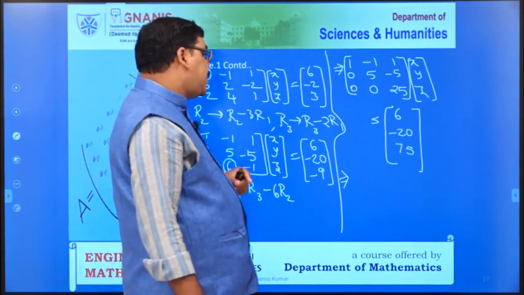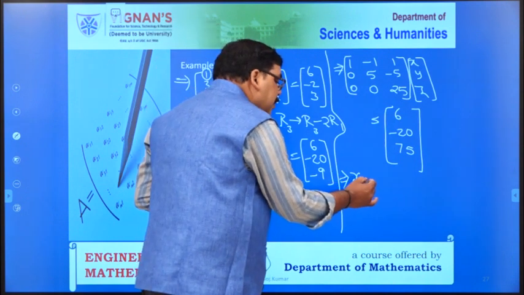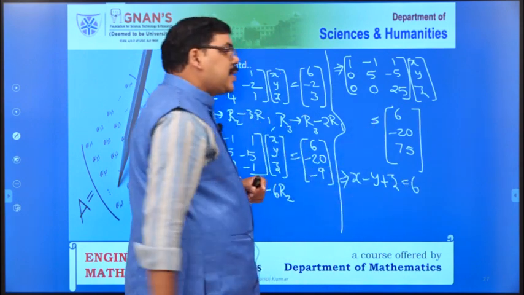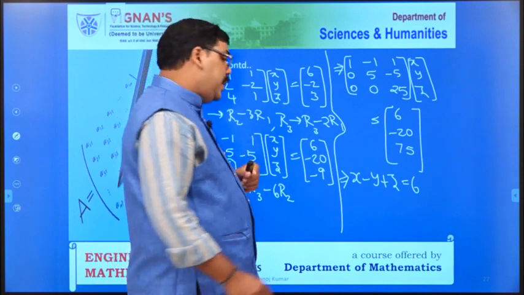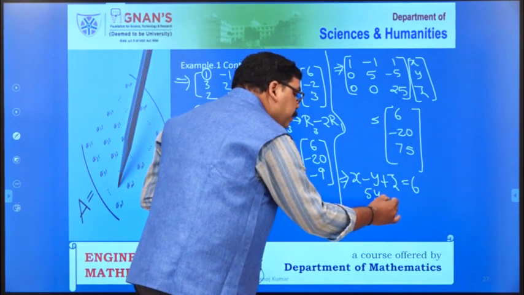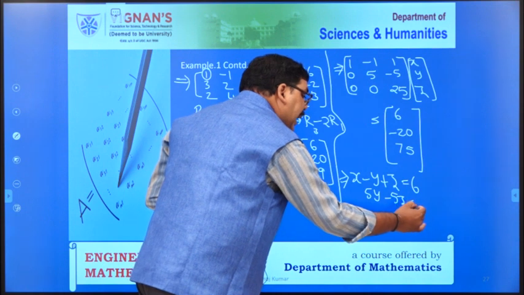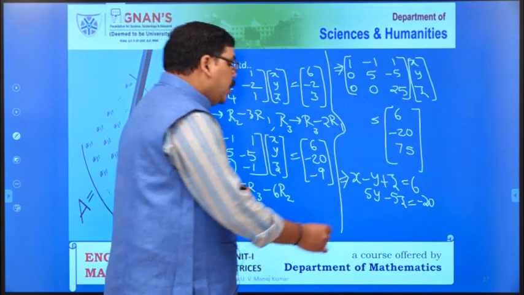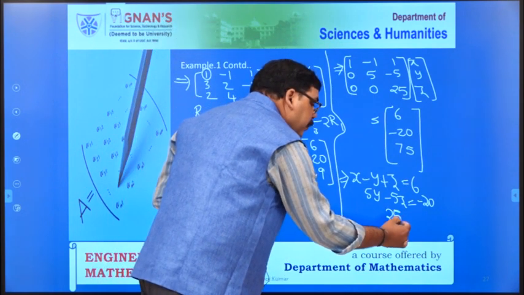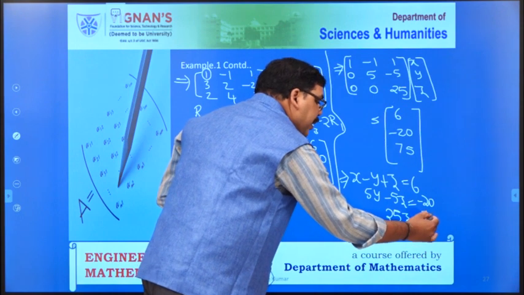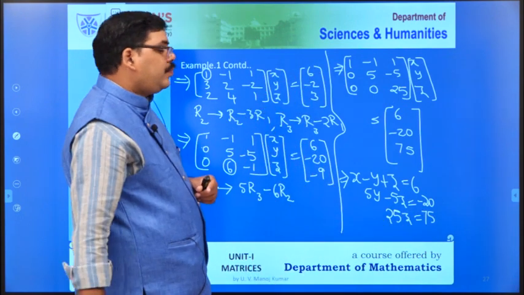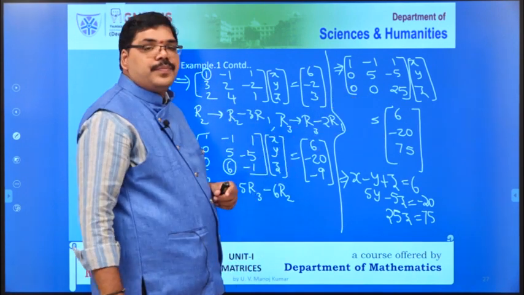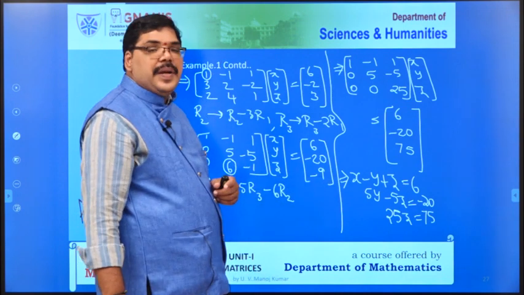If I multiply the matrices, I will get x minus y plus z equals 6, 5y minus 5z equals minus 20, and lastly 25z equals 75. So you multiply the matrices and write them as equations.